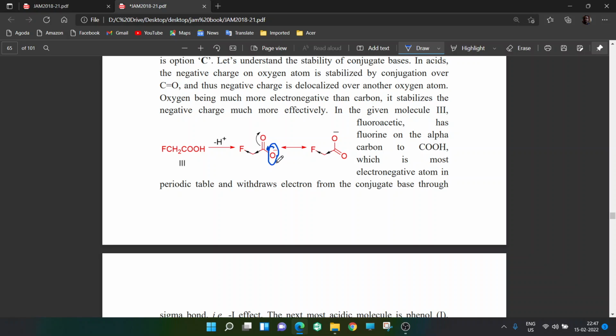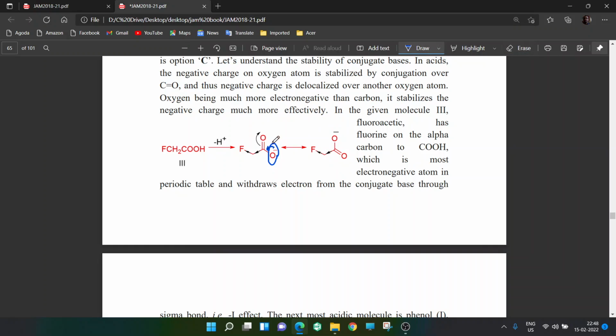If it was localized only on oxygen, it would be unstable. Why? Because oxygen having a lot of negative charge will want to go and attack the proton again and take it back. But here the negative charge comes here, and this comes up. So the negative charge is delocalized between two oxygen atoms, and oxygen is more electronegative than carbon, so it stabilizes the negative charge quite a bit.